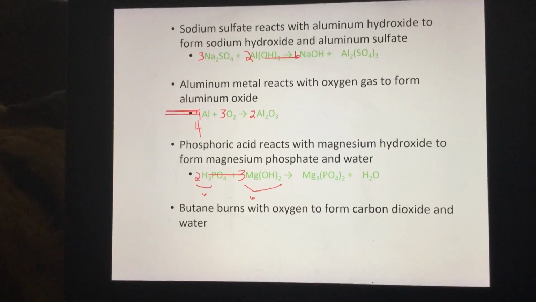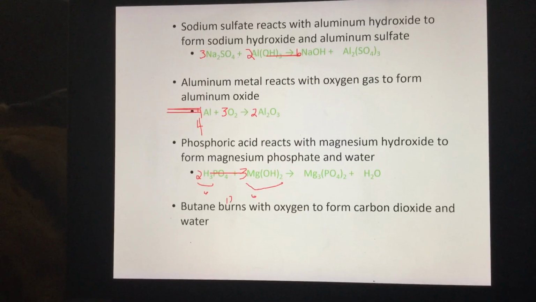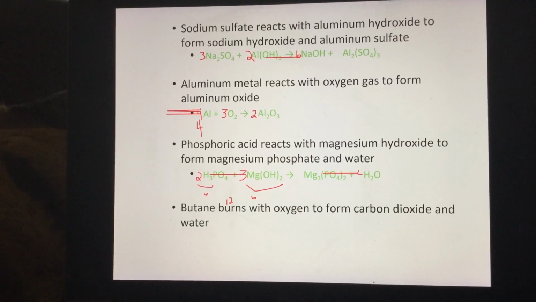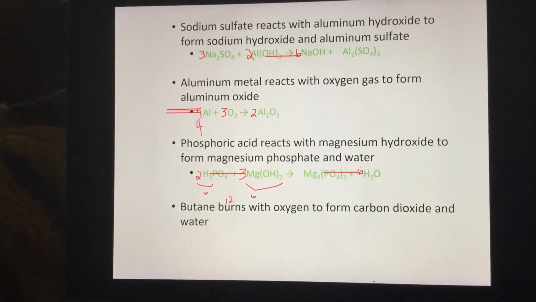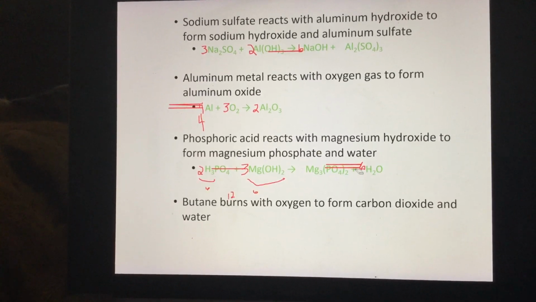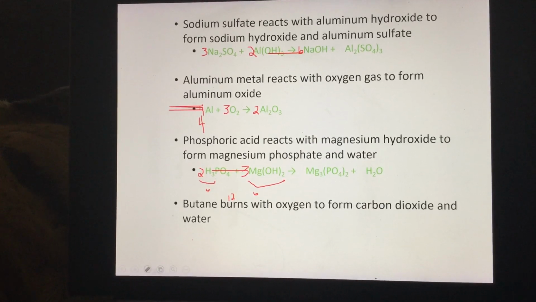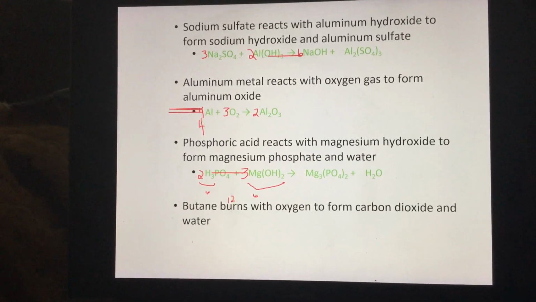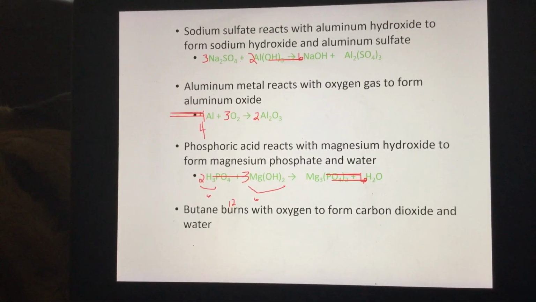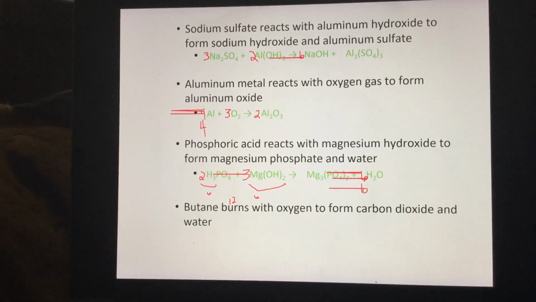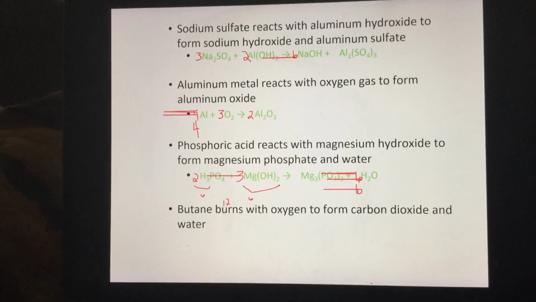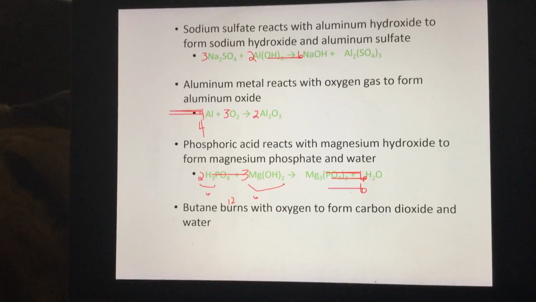So I have a total of 12 hydrogens on my reactant side. Okay, so to make 12 hydrogens, I need a 6 right there. That's supposed to be a 6. So putting a 6 here gives us 12 hydrogens here, so now we match. We have 12 and 12 hydrogens.